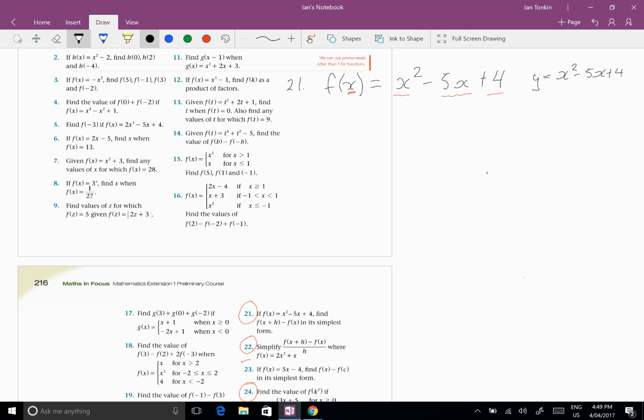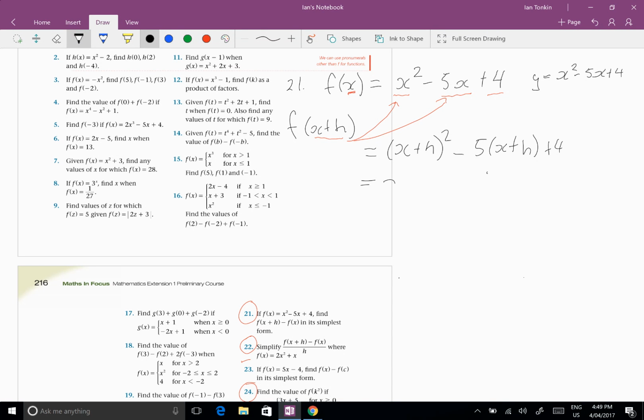So we want to find f of x plus h. So everywhere there's an x, I'm going to put that in. So I'm going to put it in there and in there. And let's see what I get. So f of x plus h equals x plus h squared minus 5 times x plus h plus 4.